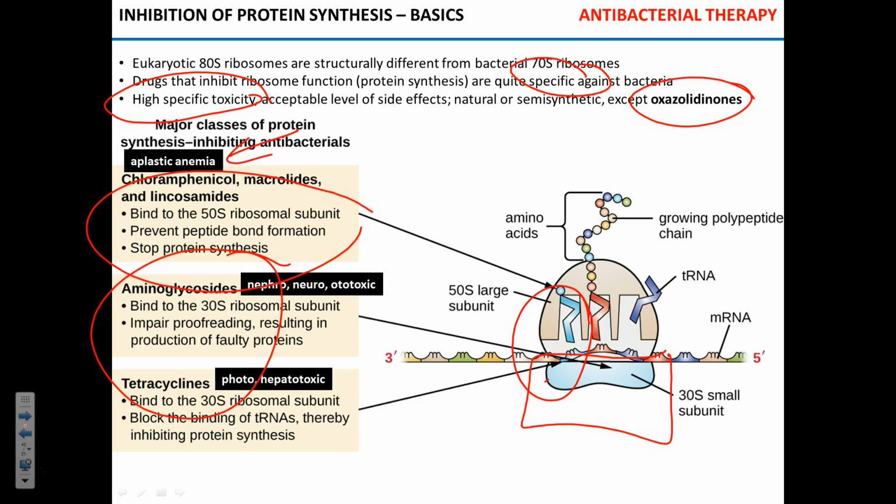Aminoglycosides are considerably toxic for kidneys, CNS, and also may cause different abnormalities with hearing, starting from tinnitus and ending with hearing loss. The most famous side effect of tetracycline treatment, drugs like tetracycline or doxycycline, is phototoxicity, which means that the patient on a heavy tetracycline treatment regimen has increased sensitivity to sunburn.